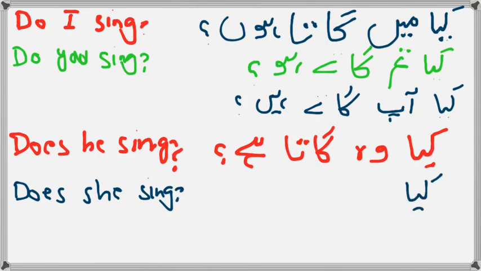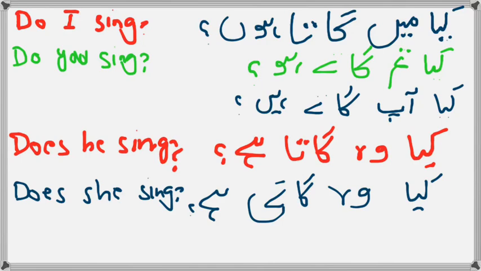क्या वो गाती है? And क्या वो गाती है? Does it sing? For example, we are talking about a parrot. So then we say क्या वो गाता है? Because parrot is masculine in Urdu. Do they sing? क्या वो गाते हैं?